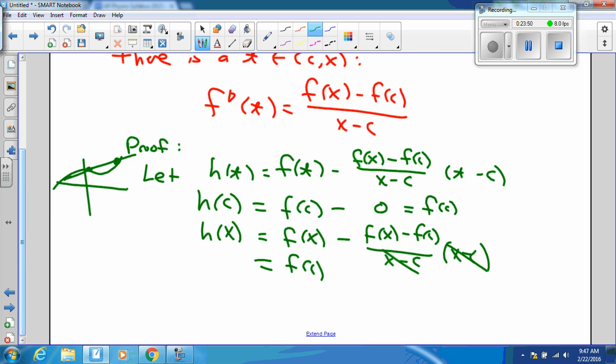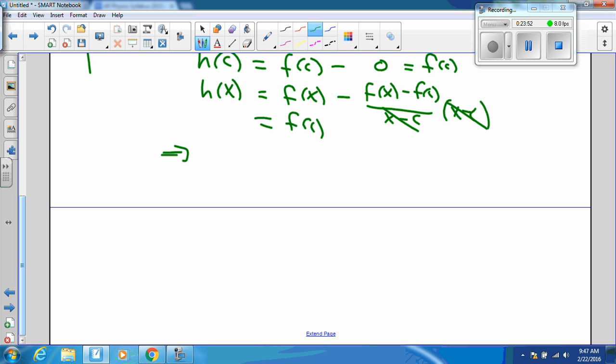And so since h of c and h of x are the same value, there is a t somewhere between c and x such that h prime of t is equal to 0 using Rolle's theorem.